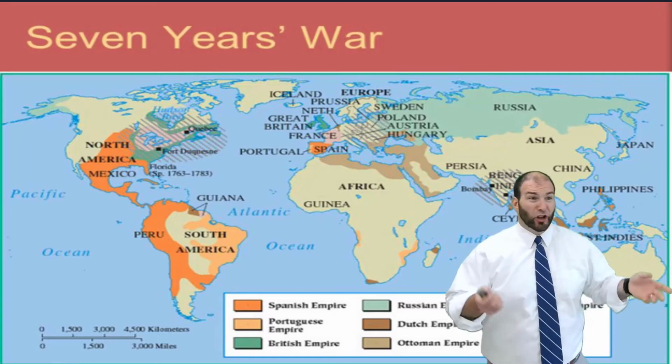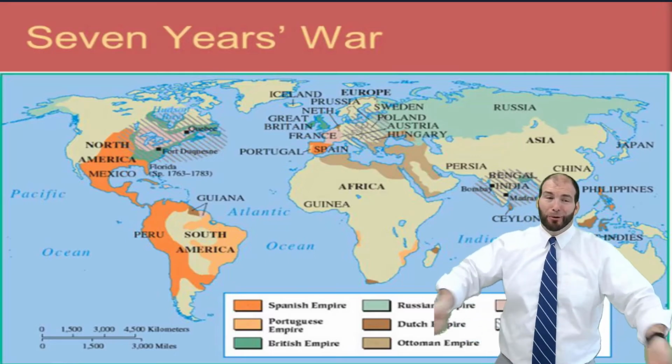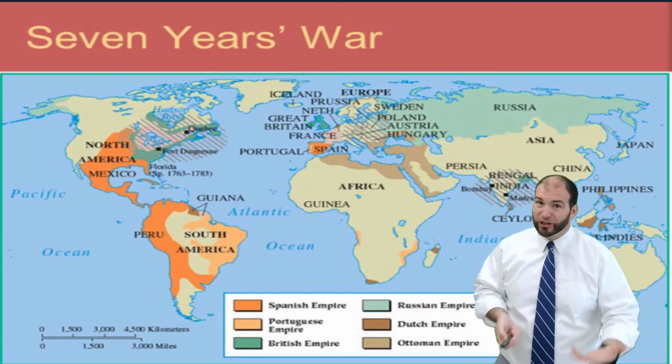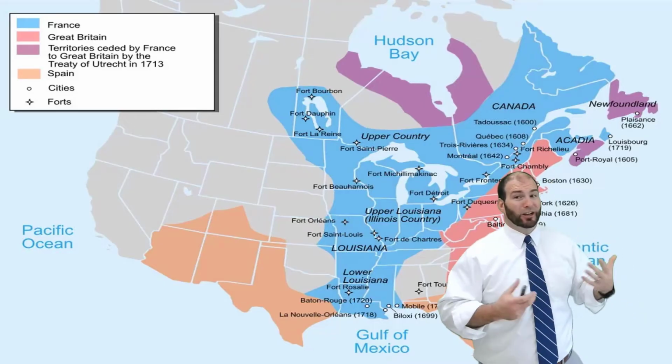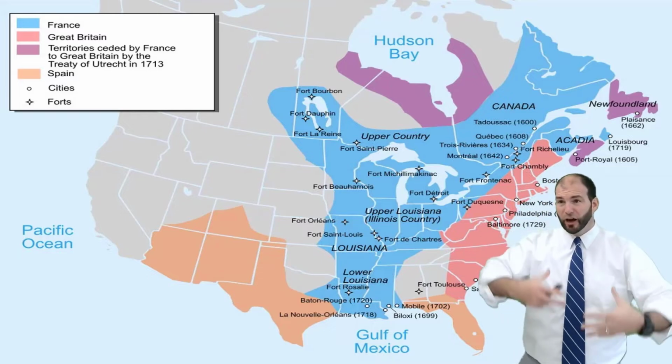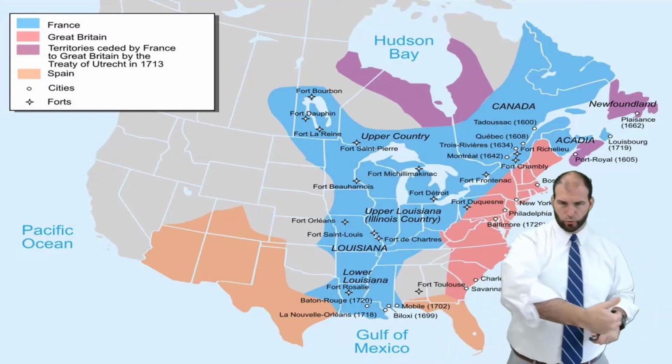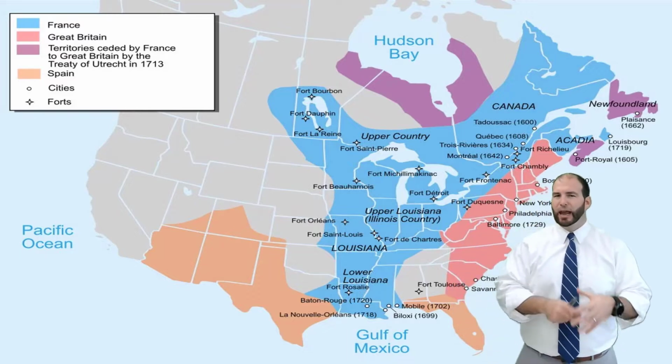Since the colonies don't really care about what's happening in Europe, we don't call it the 7 Years' War in our history. We call it the French and Indian War because that's the only thing that really affected the colonists. So France came over to the New World and they tried to take over the colony.